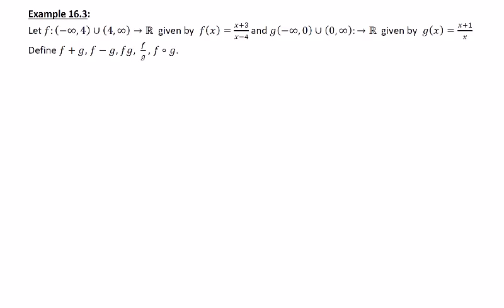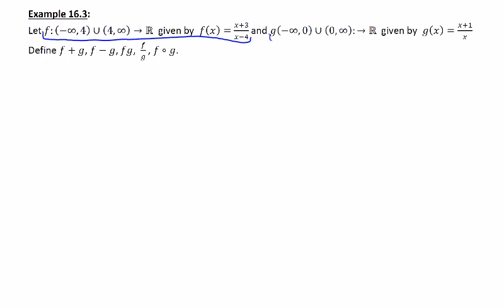Example 16.3 is going to be a combination and composition problem where we're trying to take two functions and combine them together to make a new function. We have f given to us. F is given by the equation x plus 3 over x minus 4, and it has a domain restriction of 4.